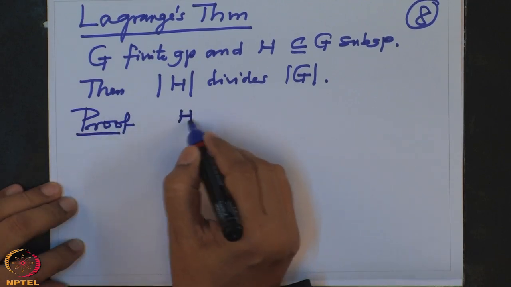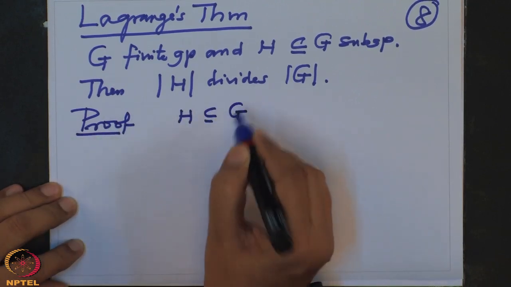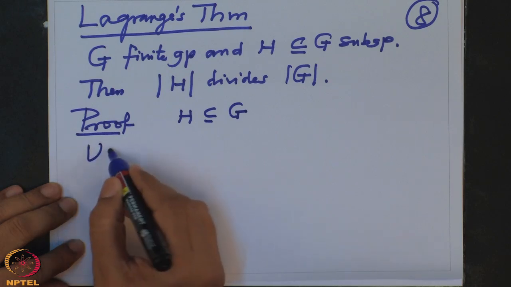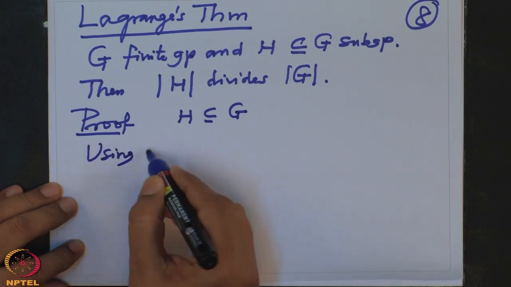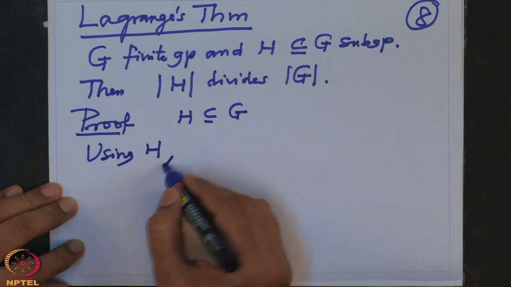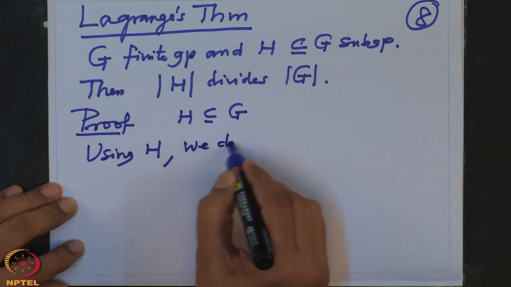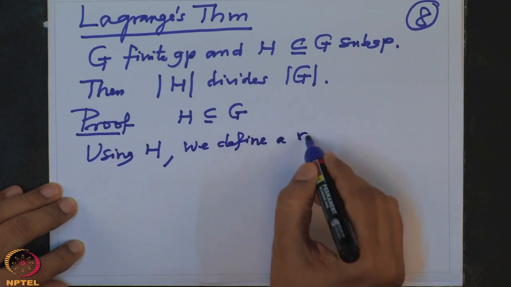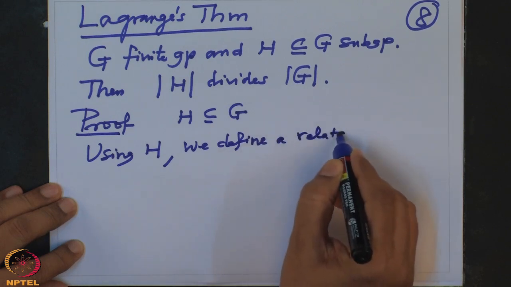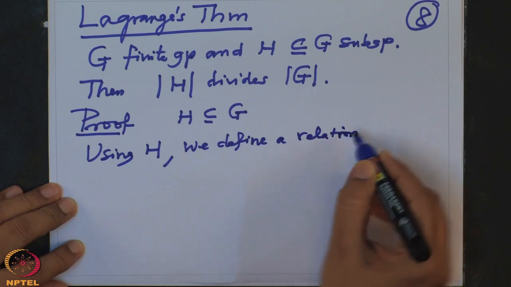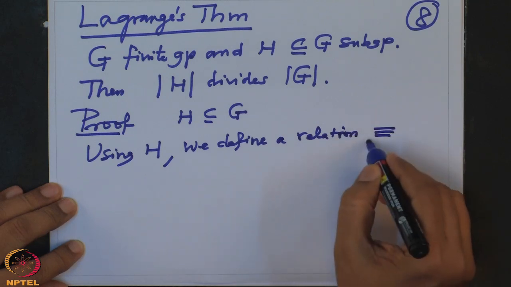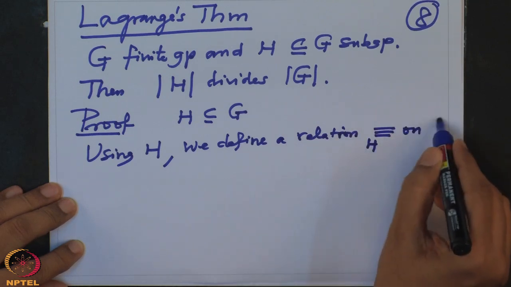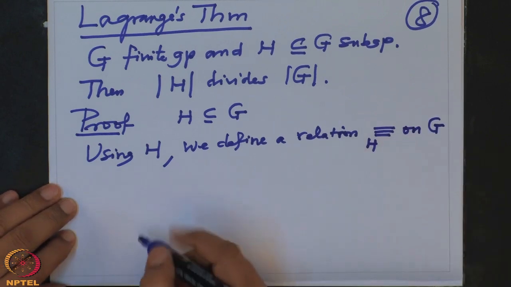Given a subgroup H, using H, we define a relation on G. What is the relation defined?